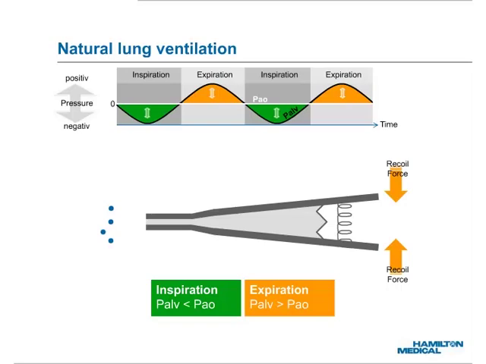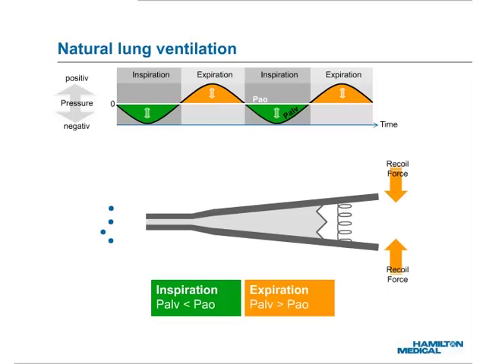The respiratory muscular work is called work of breathing, WOB. The muscular work required for the inspiration of normal quiet breaths is as low as 3 to 5% of total body energy expenditure. However, this work can increase dramatically under abnormal conditions, such as asthma or acute respiratory distress syndrome, ARDS.